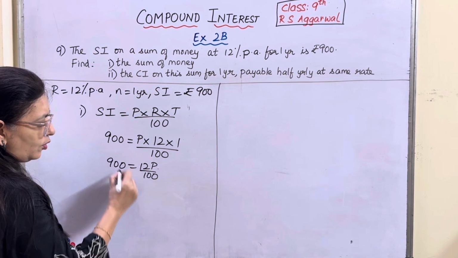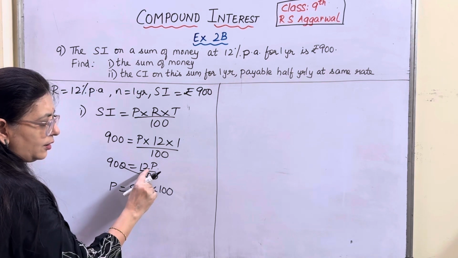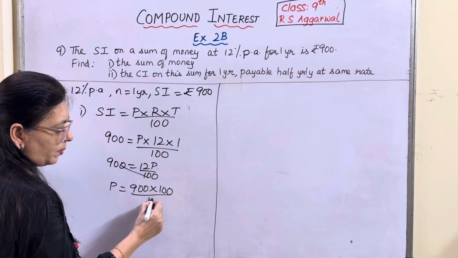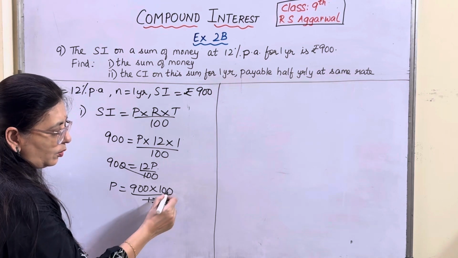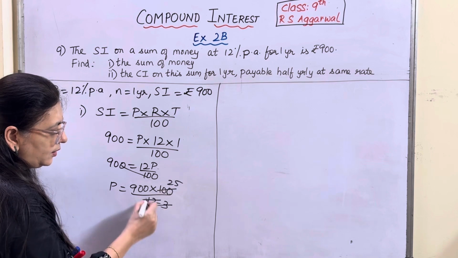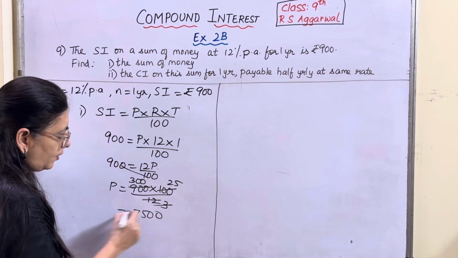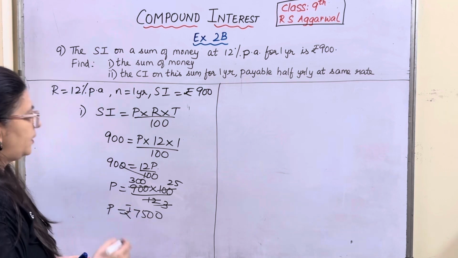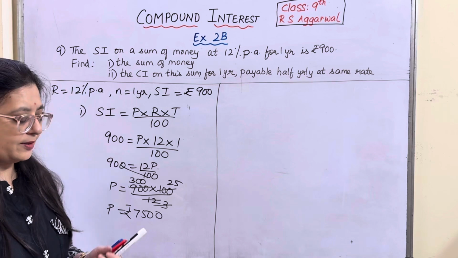So P is cross multiply 900 into 100. This is multiplication. So opposite will become division. Okay. Solve it. 4 3s are 12. 4 25s are 3 300s are. So it is 7,500 rupees is the principal. This is the first part of the answer. Okay. Come on, let's read the second part.